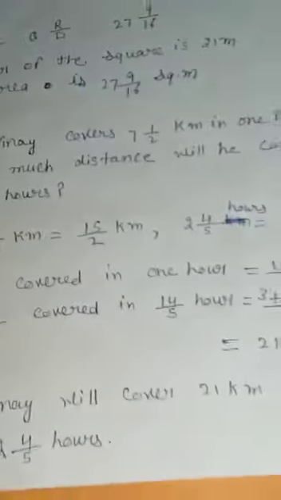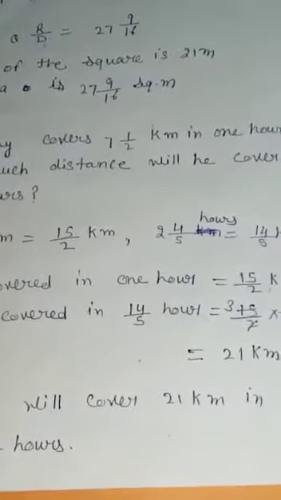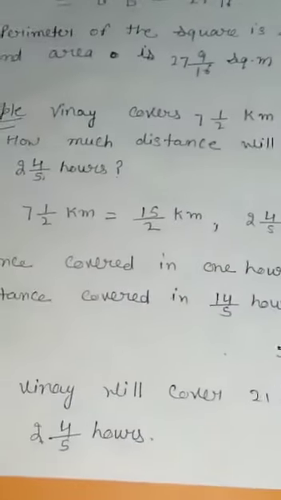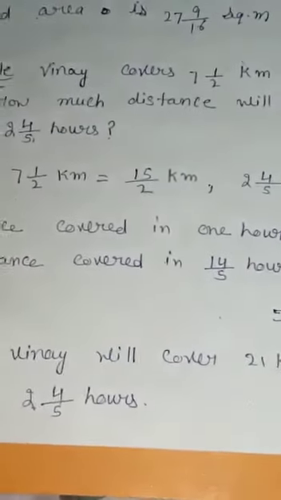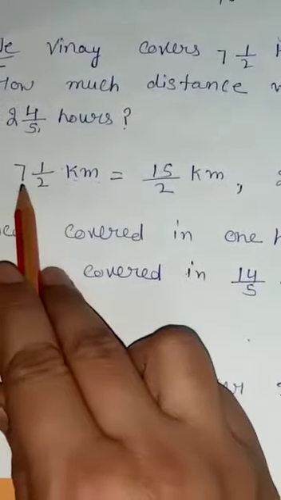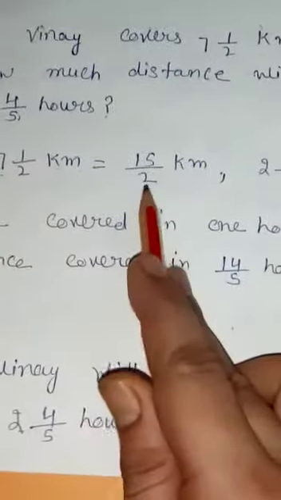And next example is: Vinay covers 7 1 by 2 kilometer in 1 hour, and how much distance will be covered in 4 4 by 5 hours? 7 1 by 2 kilometer can be written as 2 sevens are 14, 14 plus 1, 15, 15 by 2 kilometer.